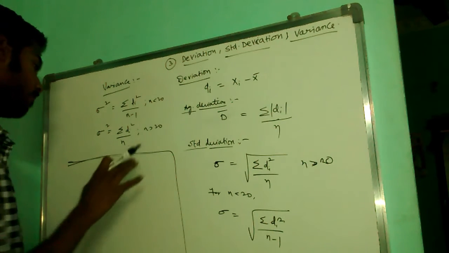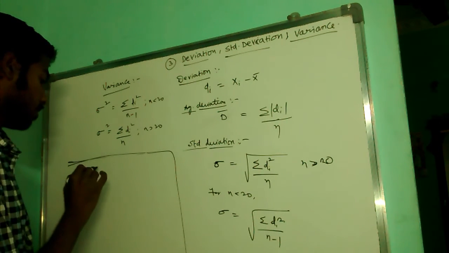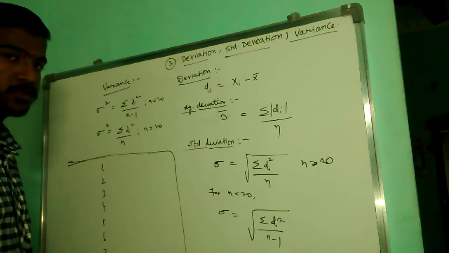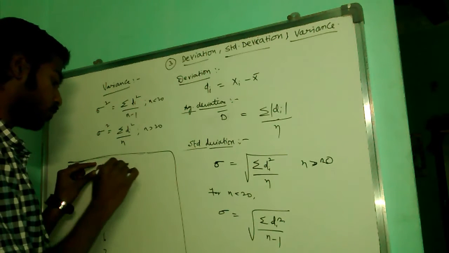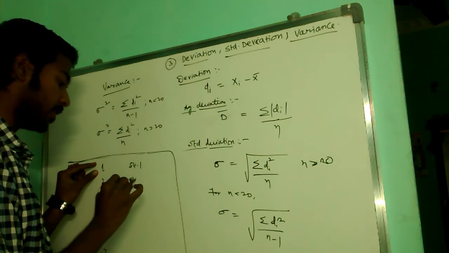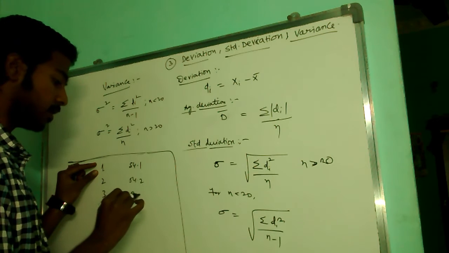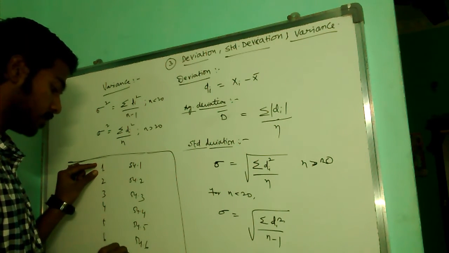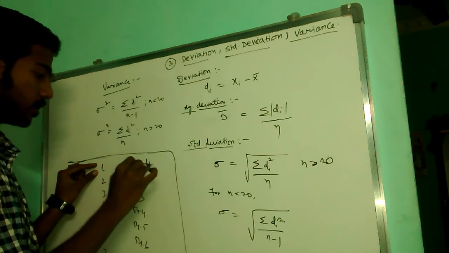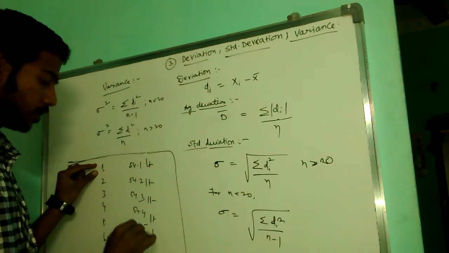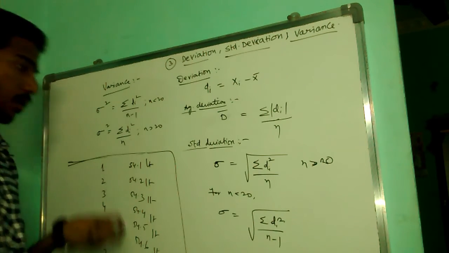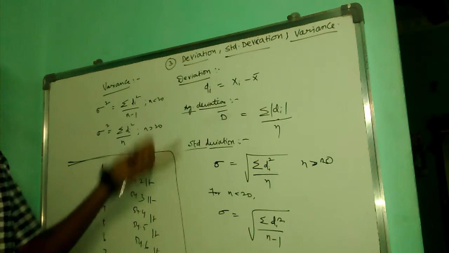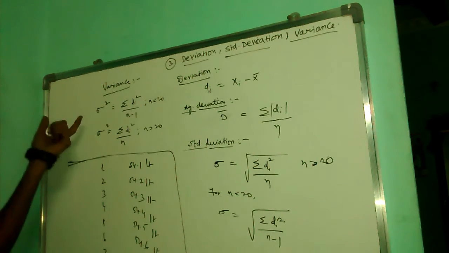When they went for a tour, the petrol consumption was: the first person used 54.1 liters, 54.2 liters, the third person 54.3, 54.5, 54.6, 54.7. These are the liters of petrol consumed by each owner. Now calculate the mean, the deviation, the average deviation, the standard deviation, and the variance.